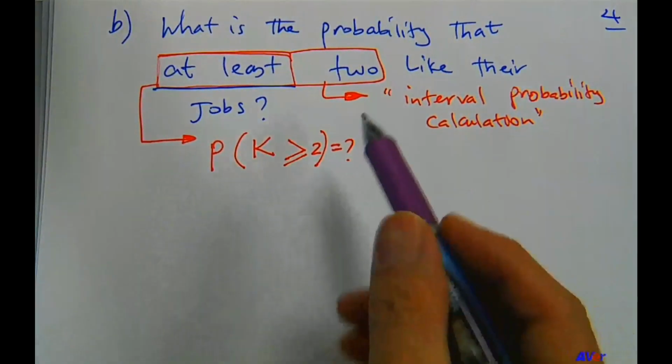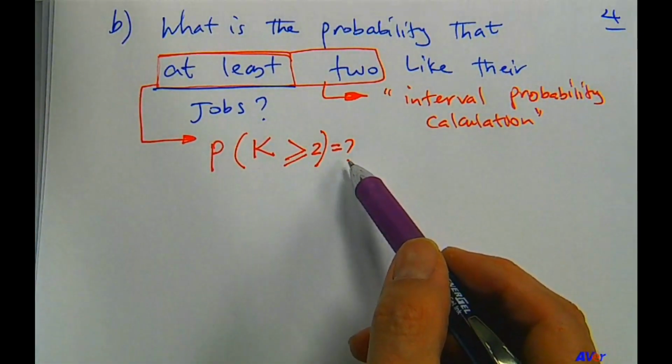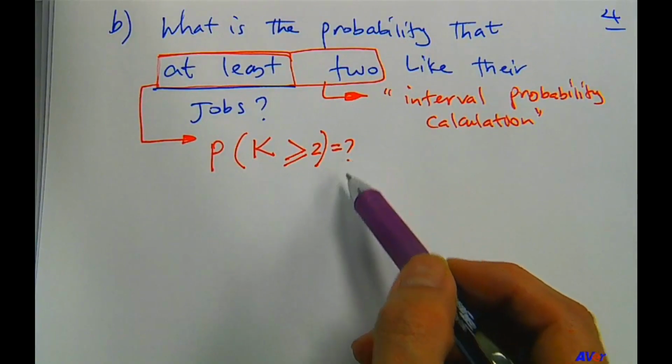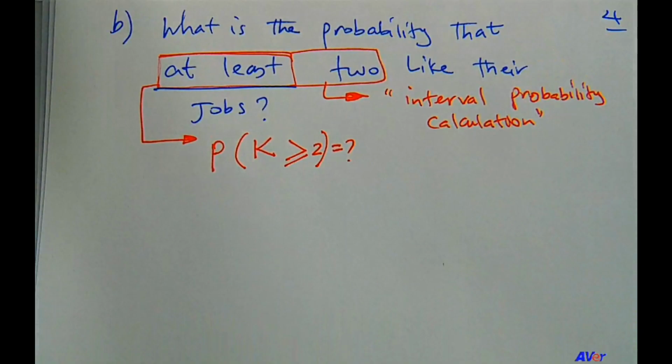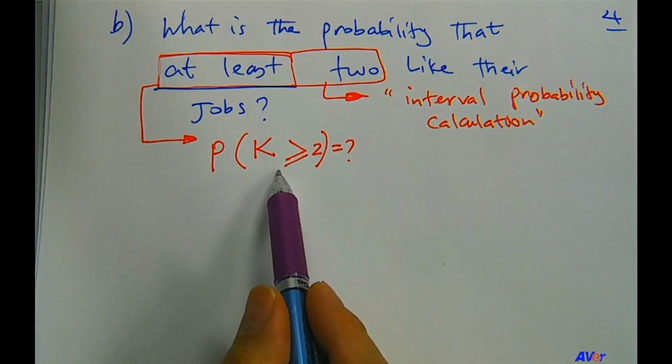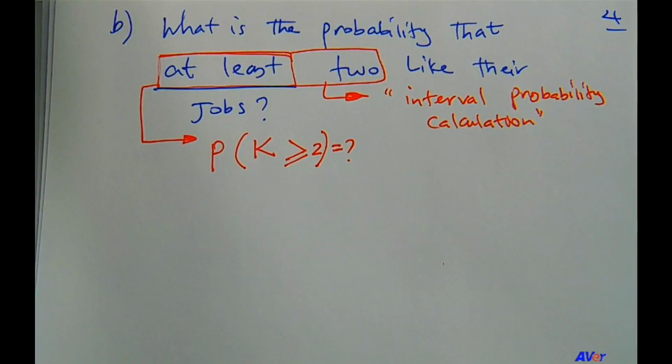Because the binomial probability distribution is a discrete probability distribution, it has discrete outcomes. So in order to calculate this probability, we have to add individual probabilities. This is the same for all discrete probability distributions. Those of you who are taking Econ 261 or have already taken it are pretty familiar with what I'm talking about. With discrete probability models, of which the binomial is one, we have to add individual probabilities.